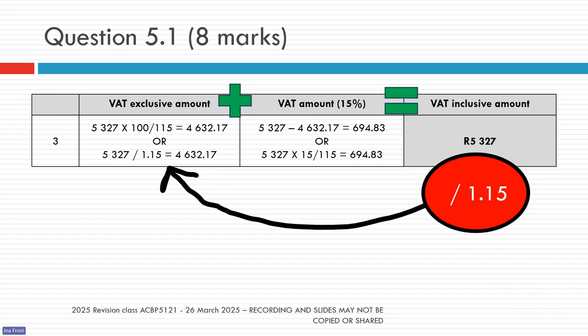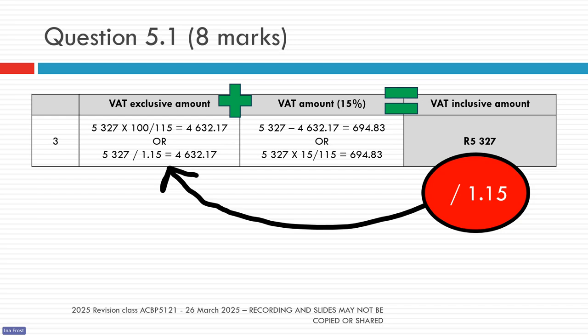And then to get the VAT amount, I'm either going to use the difference between the VAT inclusive and exclusive amounts, like we've done in the top row, or I'm again going to use the what I want over what I have formula, and then I will use the 15 over 115.